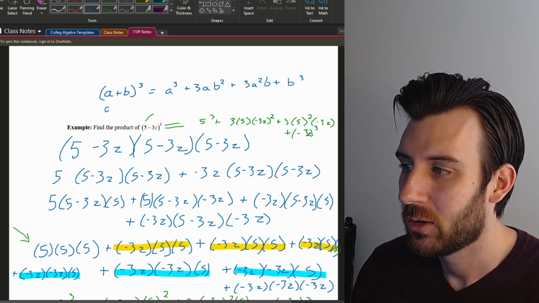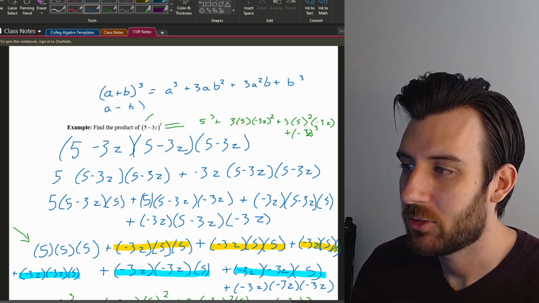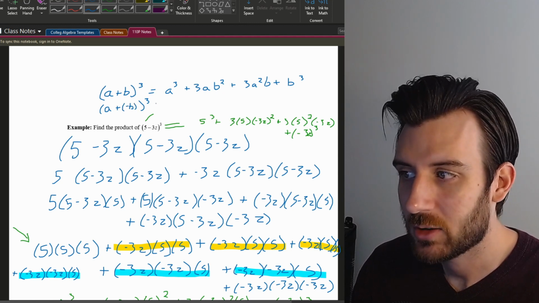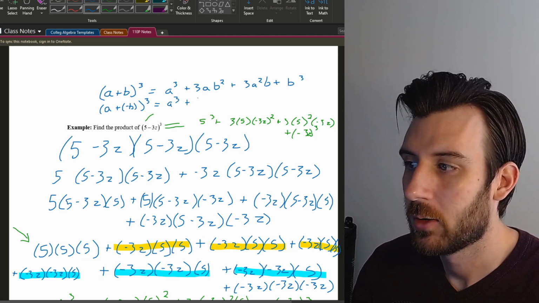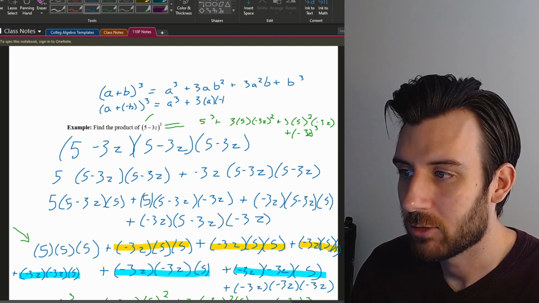And now we also know that even if I was to write a subtraction here, a minus b cubed could be thought of as a plus negative b. So I can ripple everything through the exact same way that I had just worked on. A cubed plus 3 times a times negative b squared.